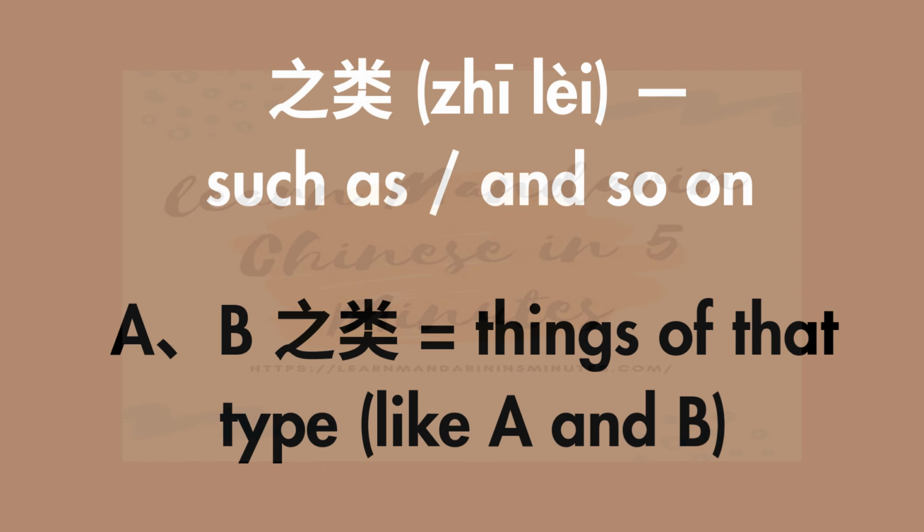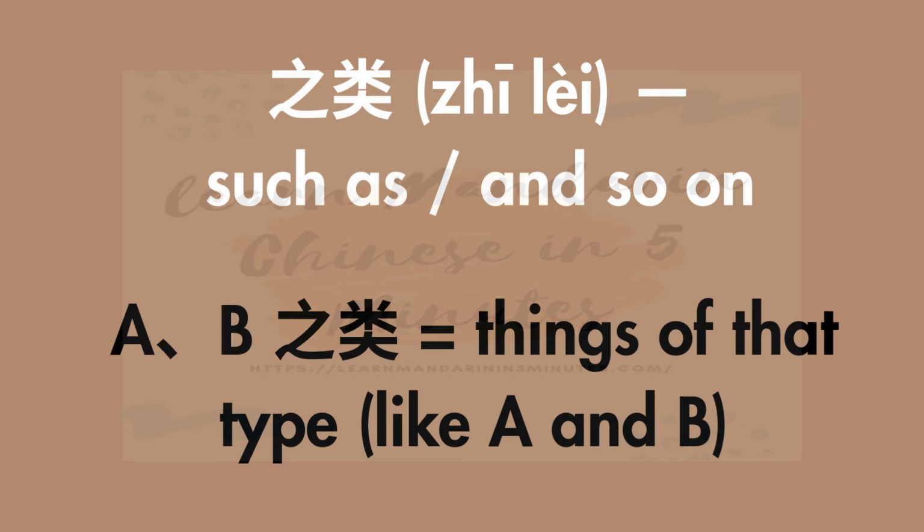之类. The sentence structure like A, B 之类 means things of that type, like A and B. So the role of 之 here is to mark a relationship between examples and category. 类 means category or type, and 之 connects the listed items to type, creating the type of or those examples.